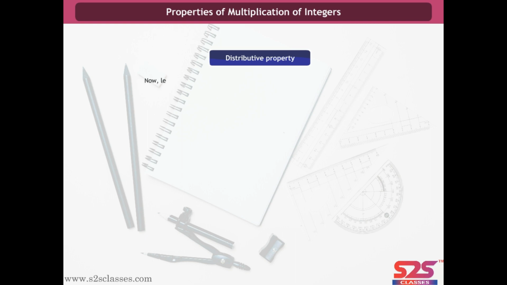Distributive property. Now, let us check whether the integers -7, -9 and -16 are distributive under multiplication. We have -7 × -25, which is equal to 175. Also, 63 plus 112 is equal to 175.